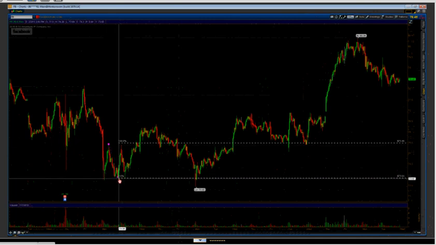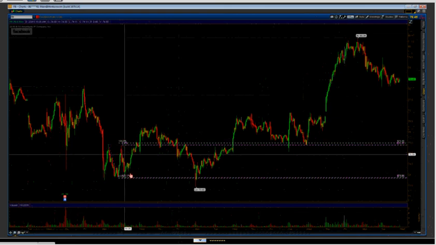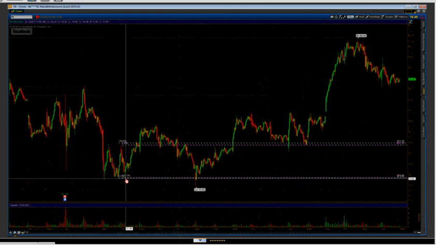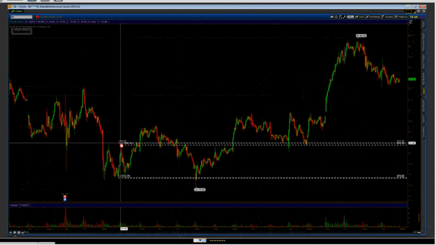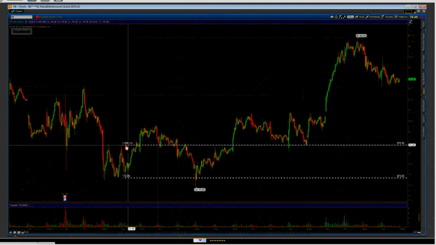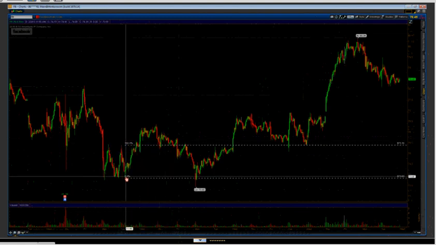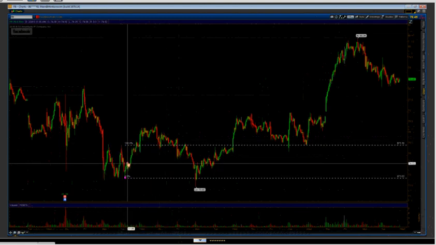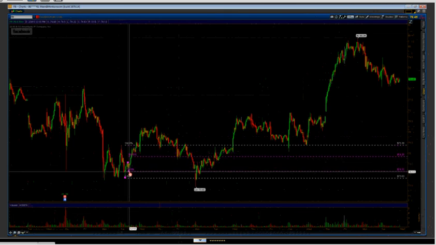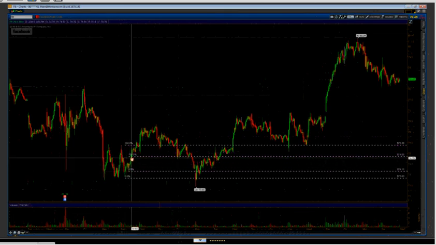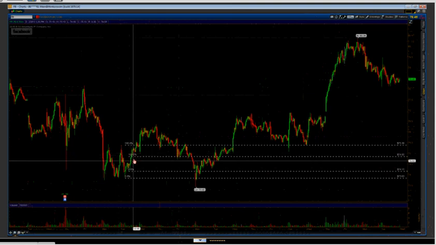On your double top, you'd have smacked right on it on that low. And remember, trading isn't about getting the lowest buy or the highest sell.